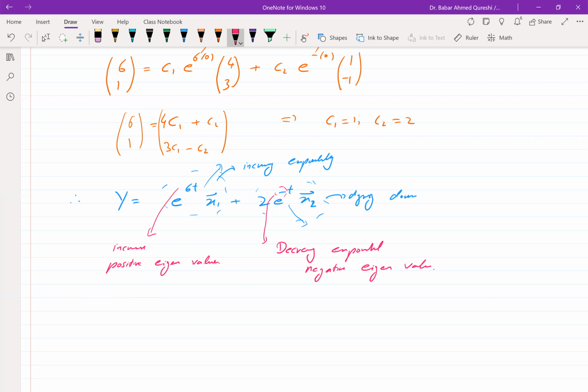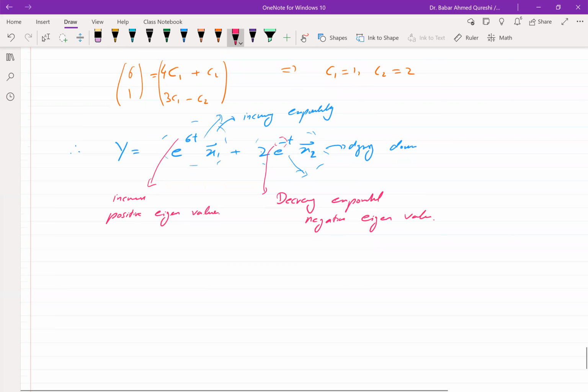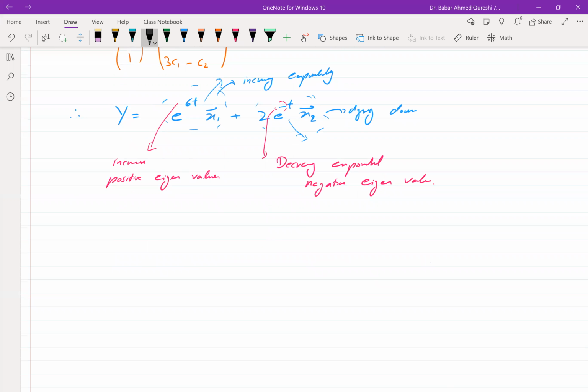Then you can have a steady state if, so suppose if you have, well, let me just do an example and then this will come out.